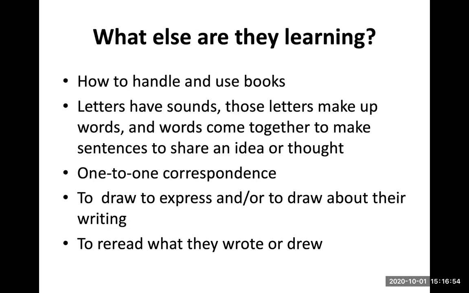They're also learning that we read each group of letters, one-to-one correspondence, that we read each word in that sentence to come together to make meaning. Our children at this point are also learning to draw, to express themselves, and we call that writing at that age. And we're also giving them opportunities to draw about their writing.